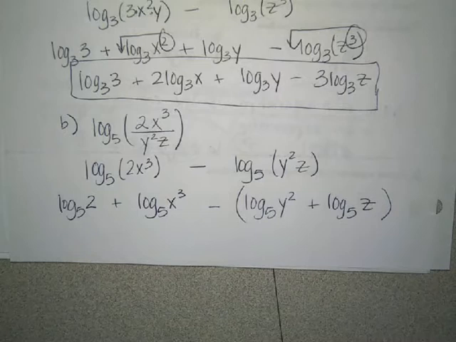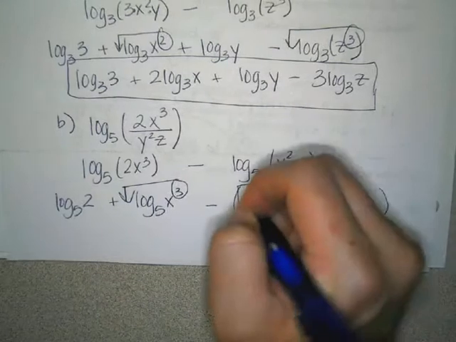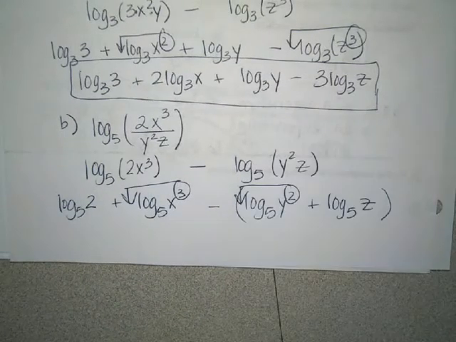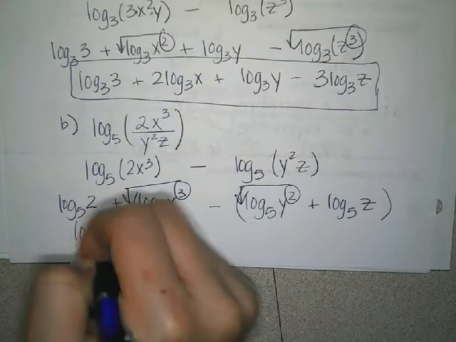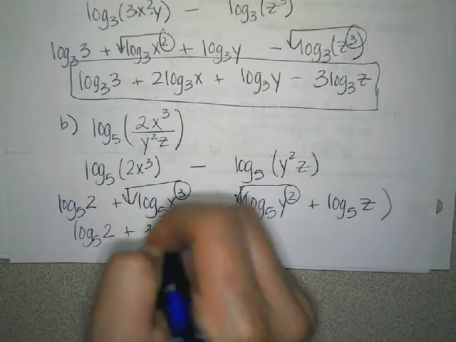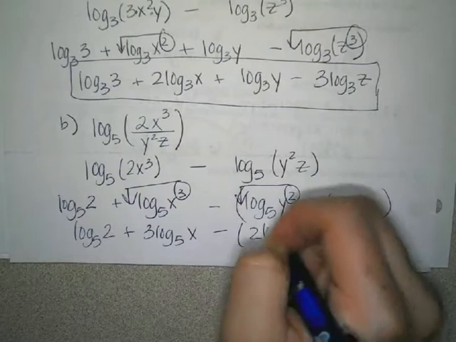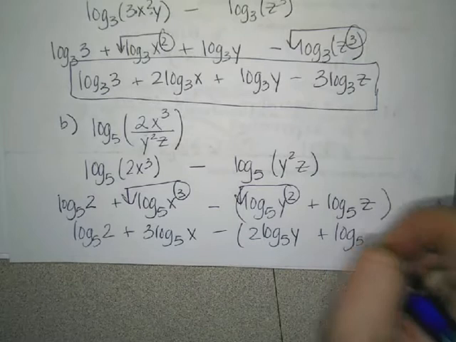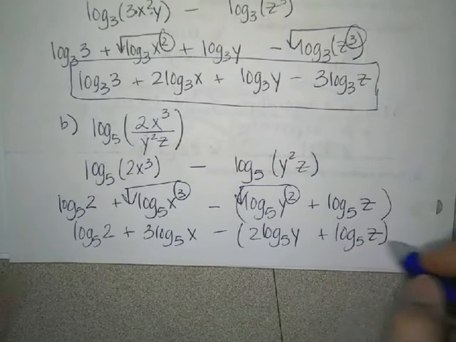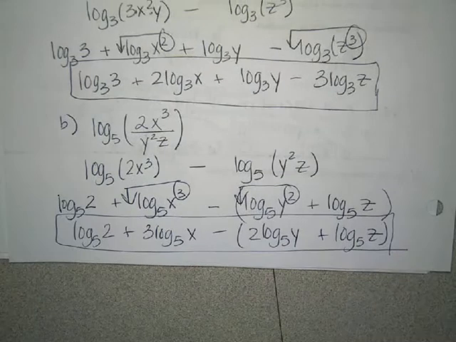And then your last step would be to move this 3 out front and this 2 out front, because those are my only powers in my arguments. It's just rewriting at that point. And that would be it. That one.